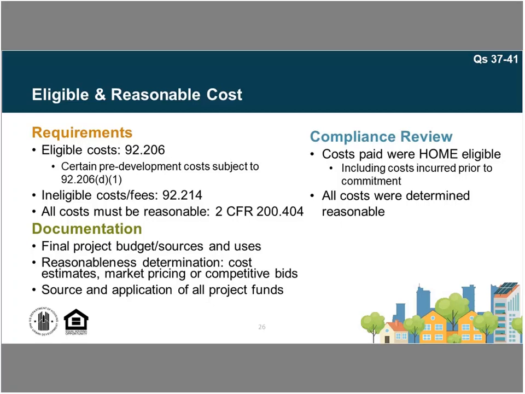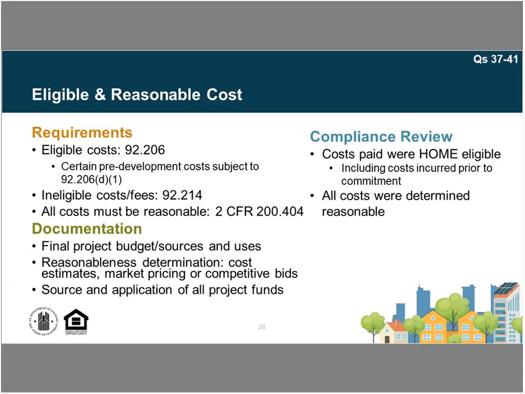Underlying all this, again, is the Uniform Administrative Requirements for Federal Grants, 2 CFR Part 200. And one part in particular is the cost principles, which I introduced a few sessions ago. One of the cost principles is that all costs must be reasonable in addition to being eligible.